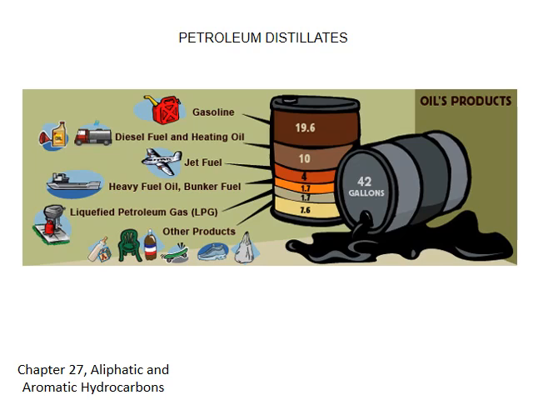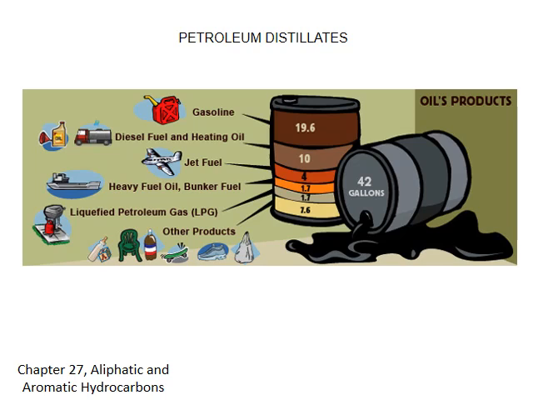If we look on this cartoon sketch, we see that a typical barrel of crude oil, which is made up of 42 gallons of material, is generally converted into about 20 gallons of gasoline, about 10 gallons of diesel fuel and heating oil for homes, about 4 gallons of jet fuel, and then we have the remainder of these products coming out of crude oil, being things such as heavy fuel oil or liquefied petroleum gas or other types of distillates that are used in some very common products that we encounter every day.